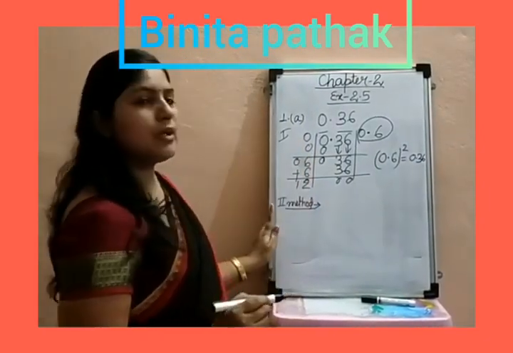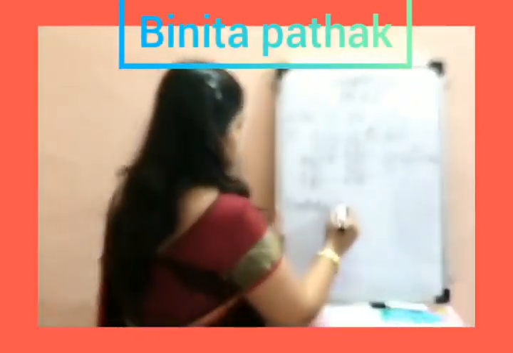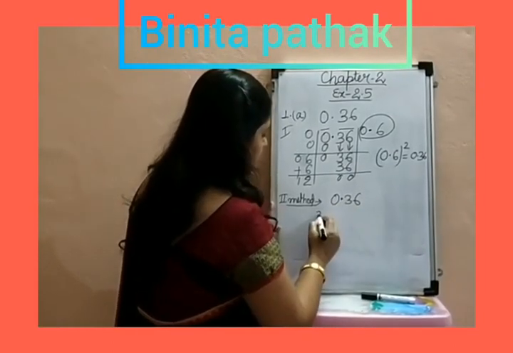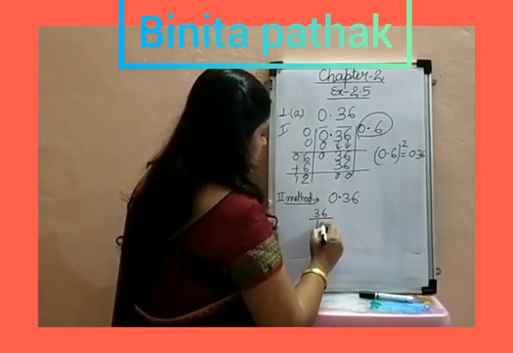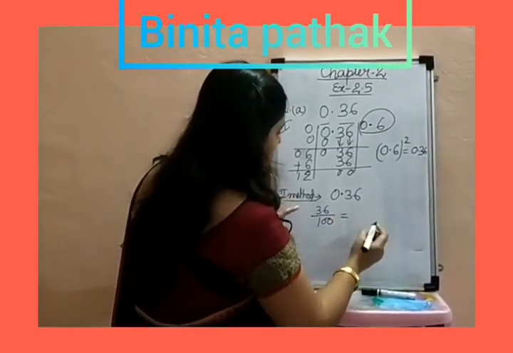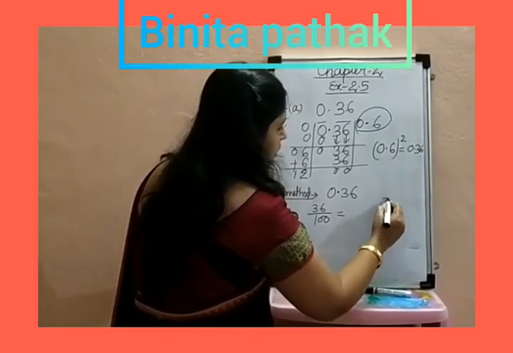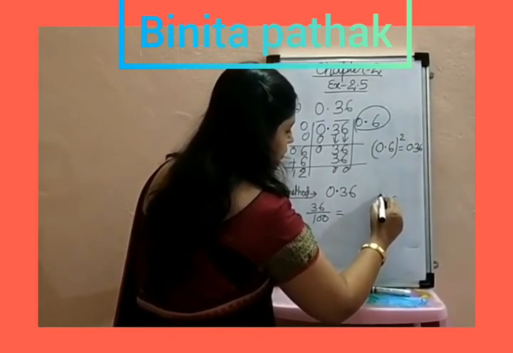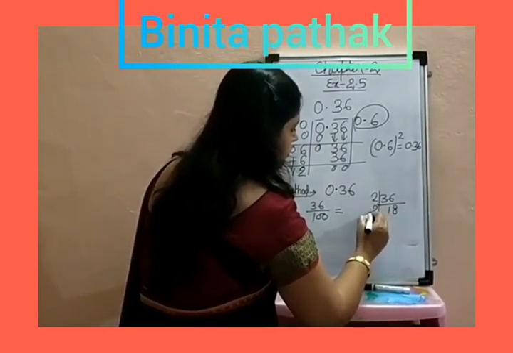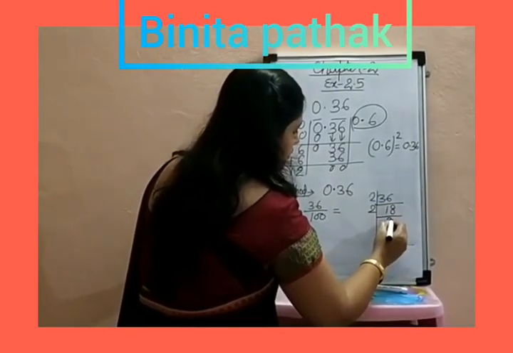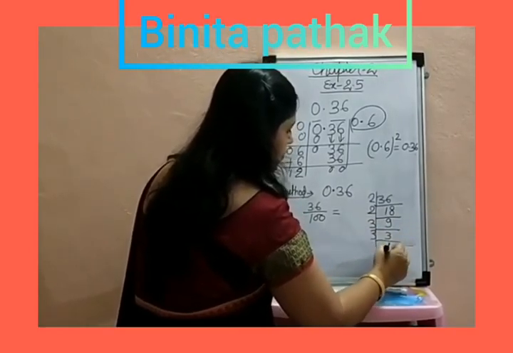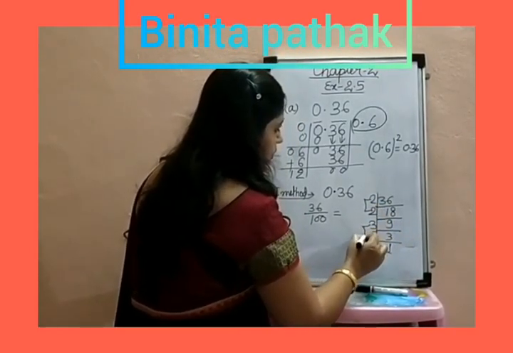Now you can do it by second method. 0.36, when we remove the decimal, it will be 36 upon 100. So square root of 36 by prime factorization method, 2, 18, 2, 9, 3, 3, 3, 1. 2 single, 2.